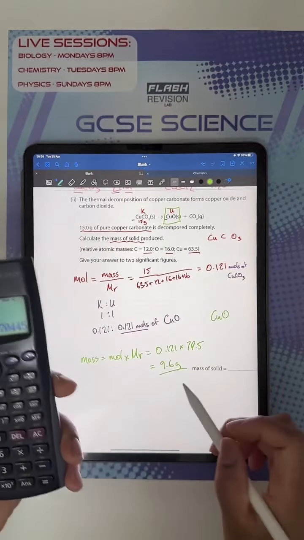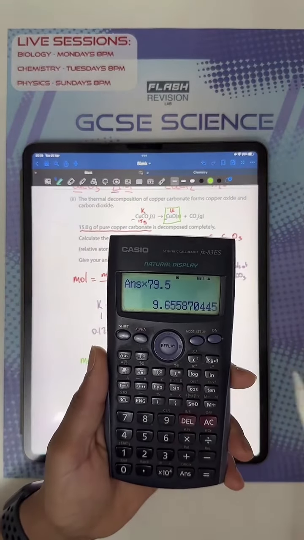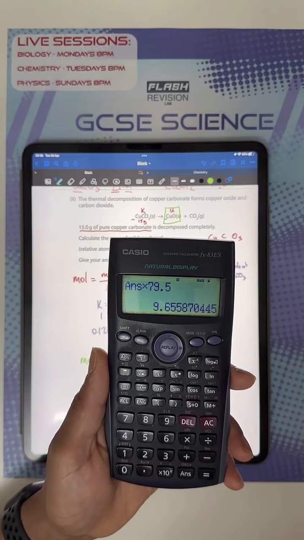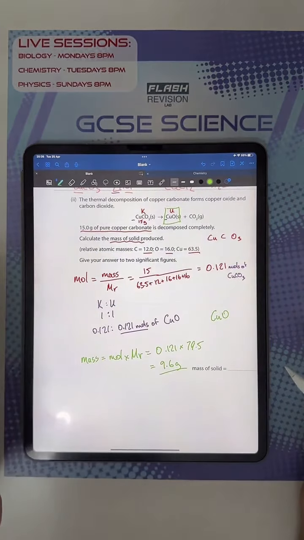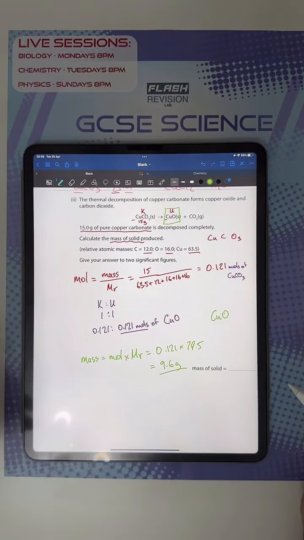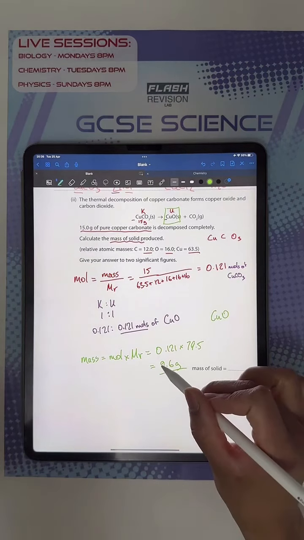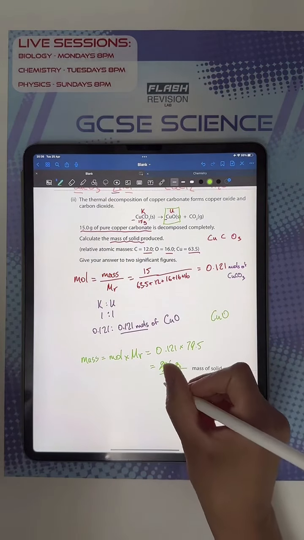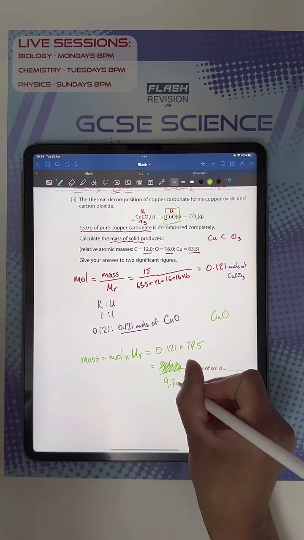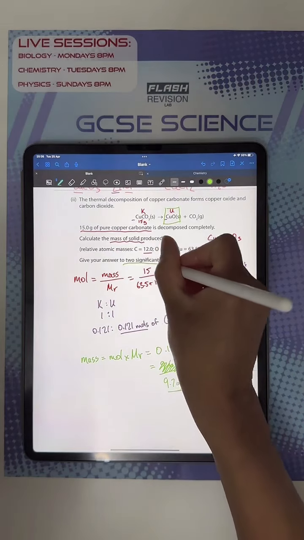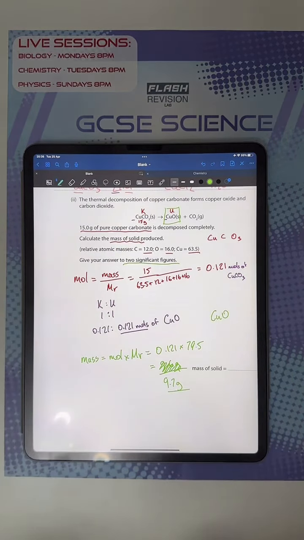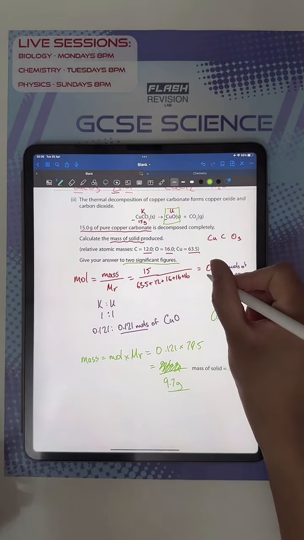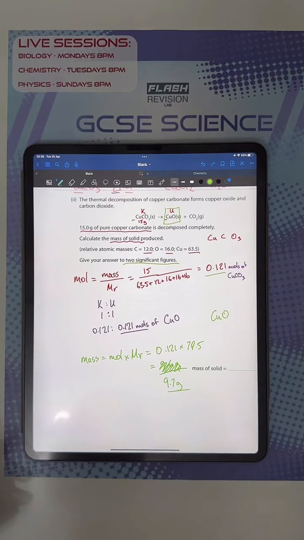And you can see here, it's gone from 9.6 to 9.7. So if you write 9.6, you would have lost a mark. The answer is 9.7 grams. It says to two significant figures. So let me repeat what I said, guys. Don't round your answers too early.